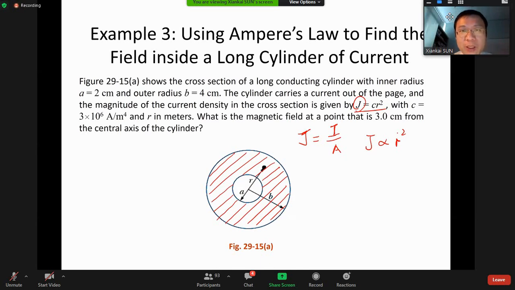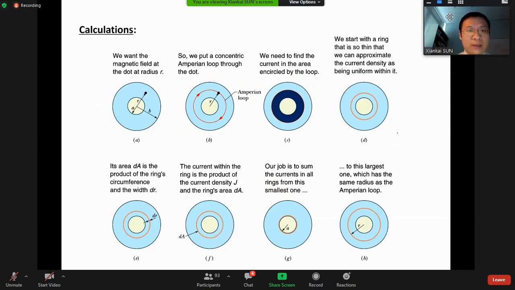So here we can still use Ampere's law because this current distribution is still circularly symmetric, right? It still has the circular symmetry. So we can simply use Ampere's law to find out the magnetic field. All right. So basically, this is how we do this calculation.